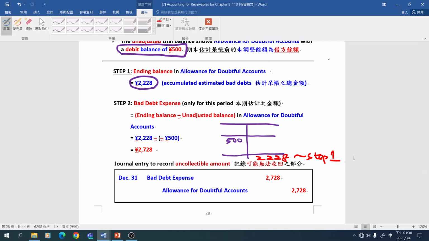Right here, right? Normal balance is on the credit side. So what total amount should you estimate? 500 on the debit side means minus, right? Negative.